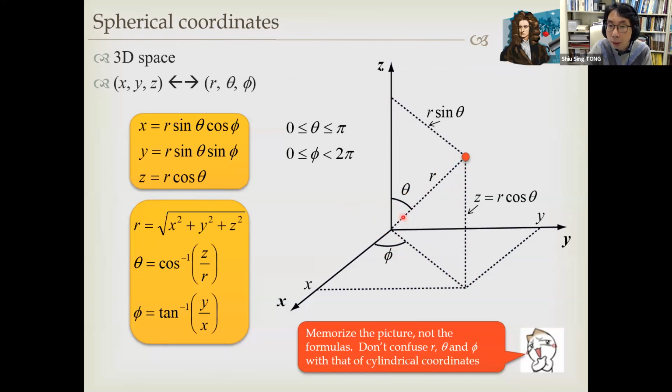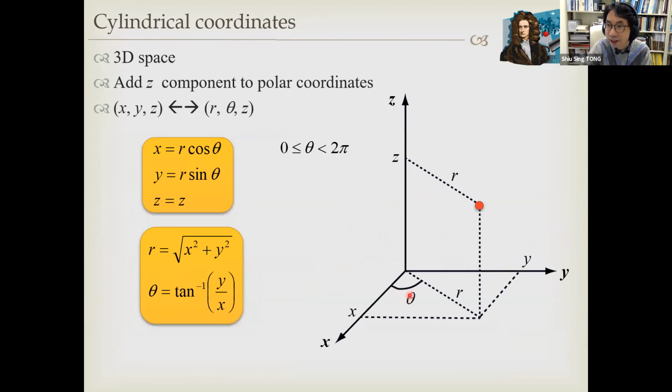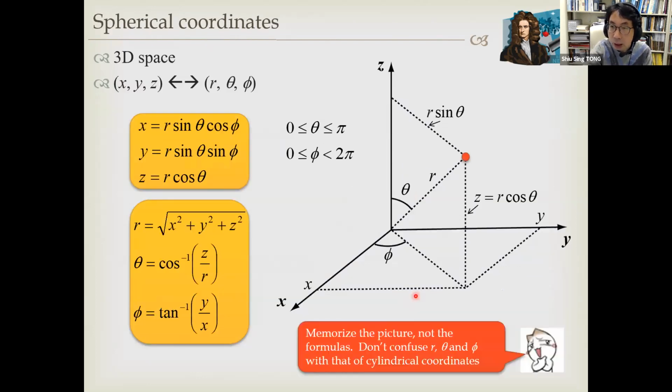Okay. Now, the angle theta defined here is not the same as the angle theta here. So there's a little bit of confusion. But as long as you specify clearly that you are using the spherical coordinate, that should be fine. We define the angle theta as a polar angle because that is commonly used in physics literature.